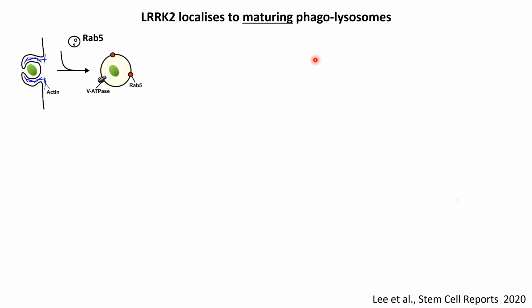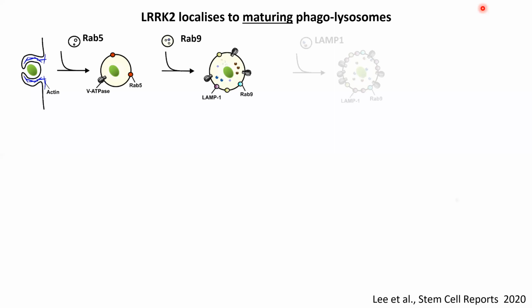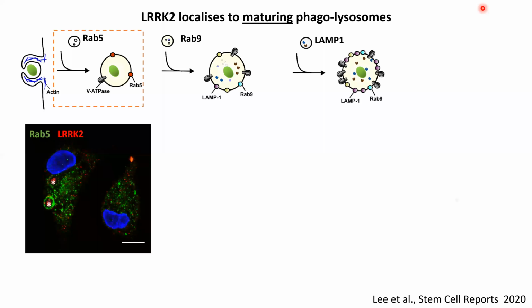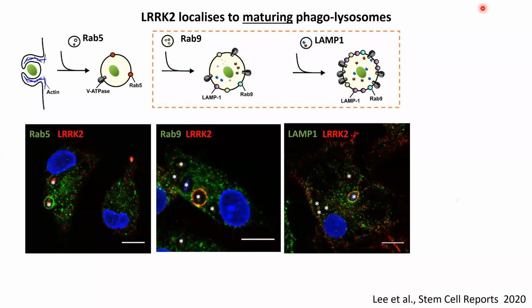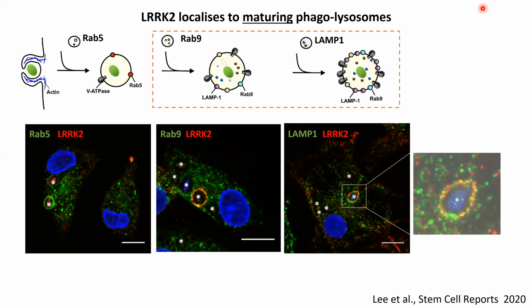Well, you can track the maturation of phagosomes by the recruitment of various different markers to the phagosomes as they mature. And so we could see that early phagosomes that are labeled with RAB5 were not associated with LRRK2, but the later maturing phagosomes that are labeled with RAB9 and or LAMP1 are labeled with LRRK2 as well.